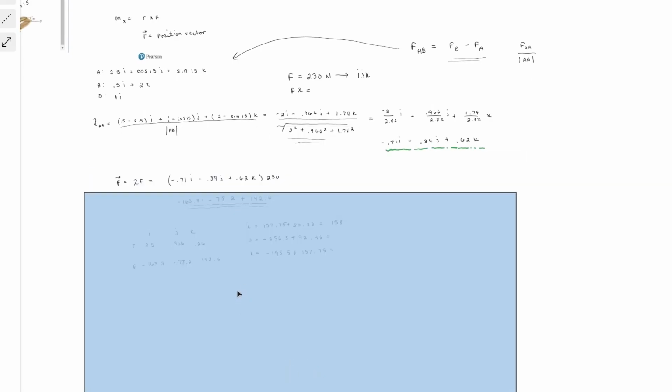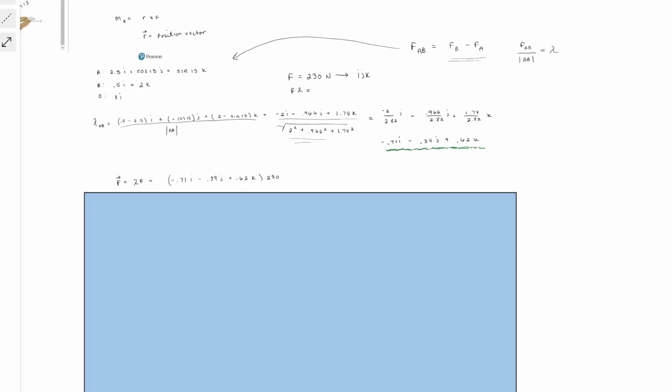The next step, since the force given is not in ijk form, we're going to put it in ijk form by multiplying the force that's given times what you just found.